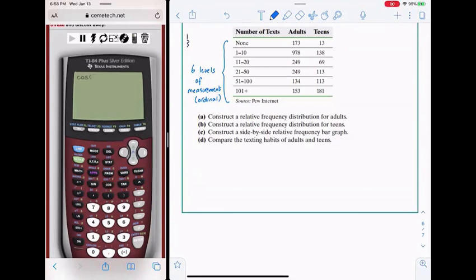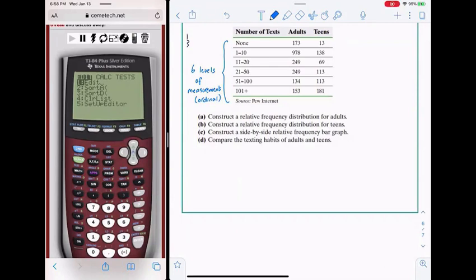For instance, above the start button, in blue, you have list, so to access a list, we have to press second, then press the start button. So start button obviously stands for statistics. So I'm going to hit start.